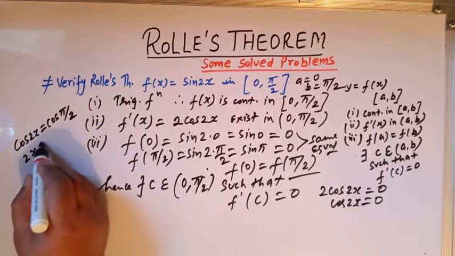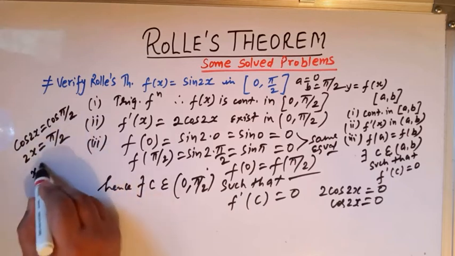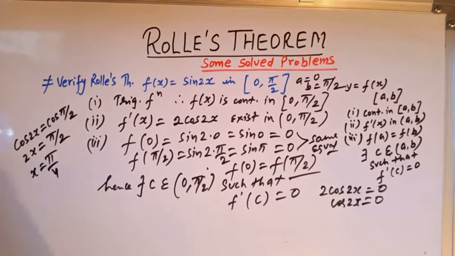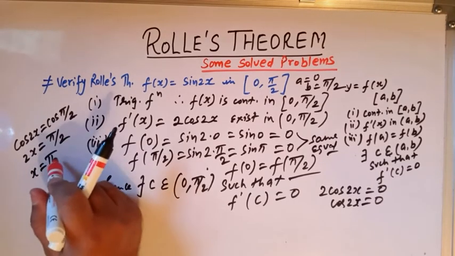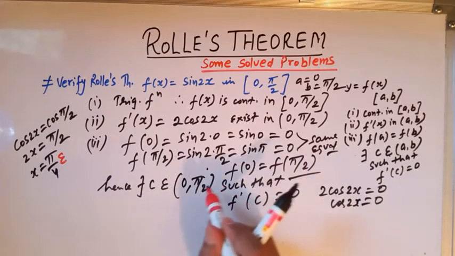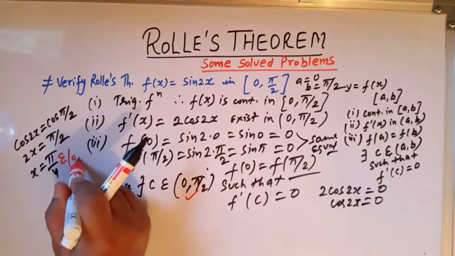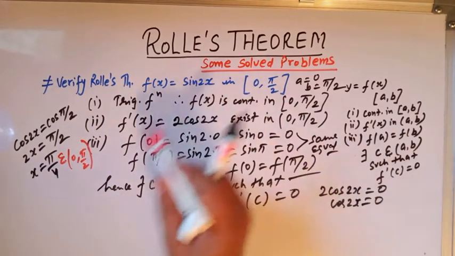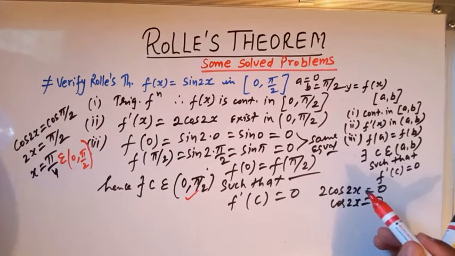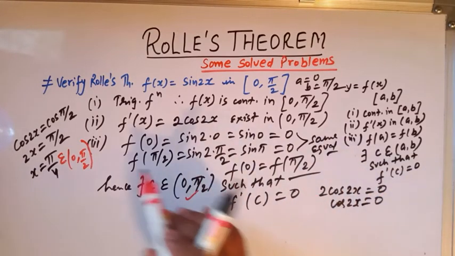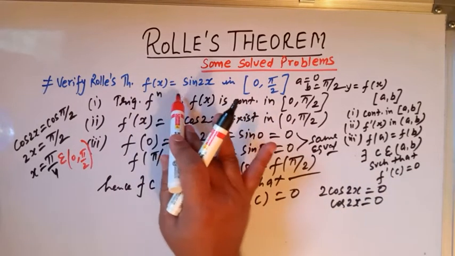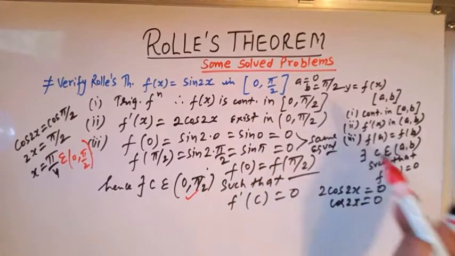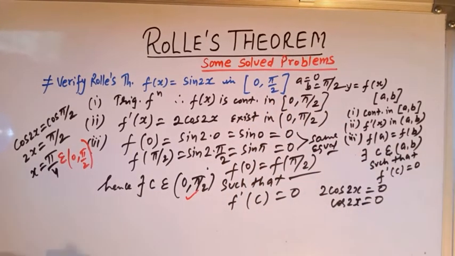So 2x becomes equal to π/2 and x becomes π/4. And obviously this value π/4 belongs to this interval (0, π/2). Clear? Therefore Rolle's theorem is satisfied, and we can say that this function f(x) equal to sin 2x in the interval 0 to π/2 verifies Rolle's theorem.